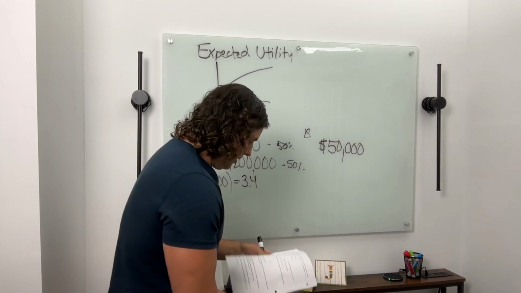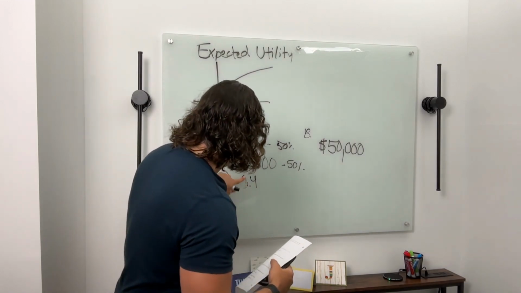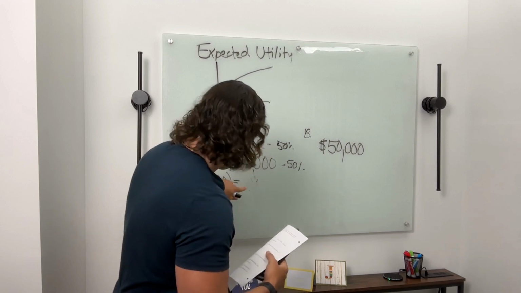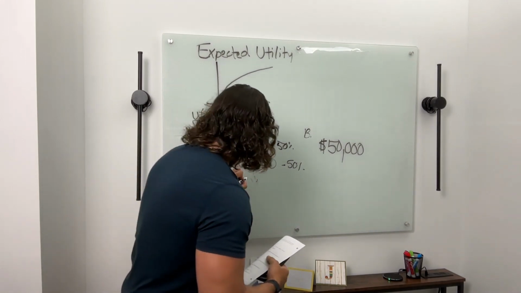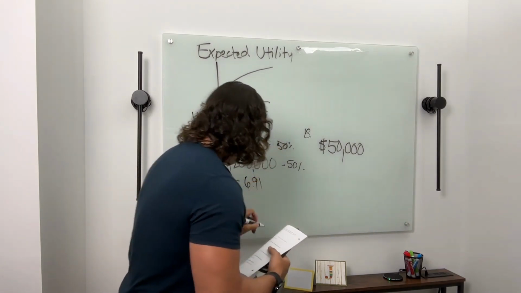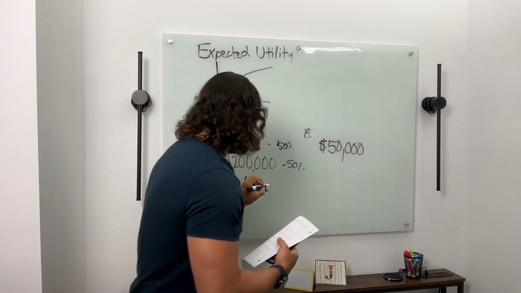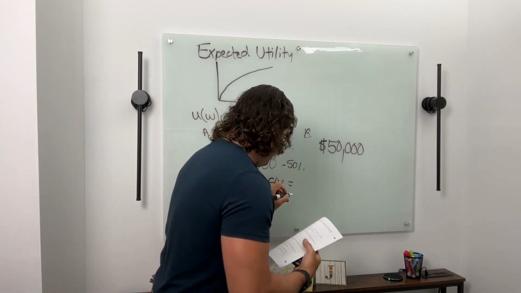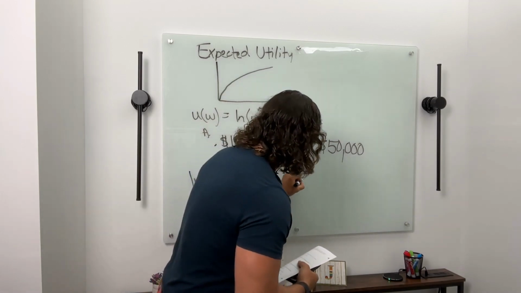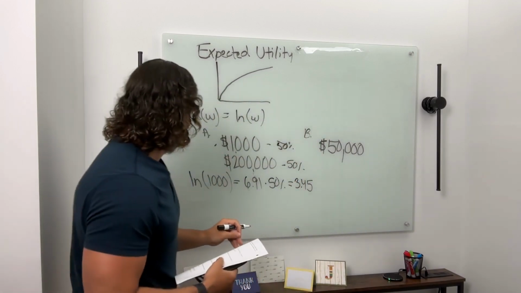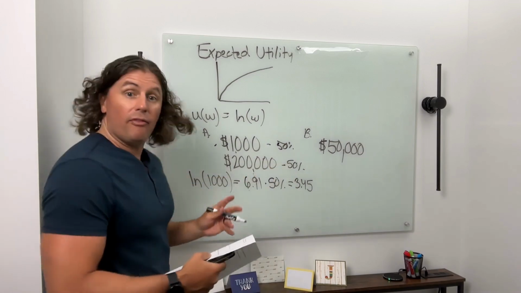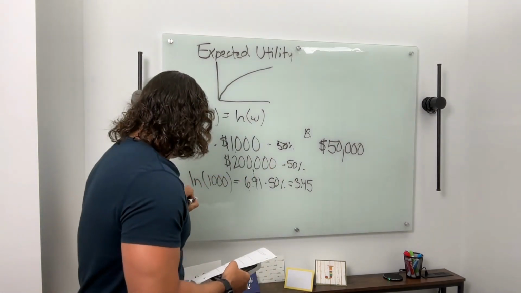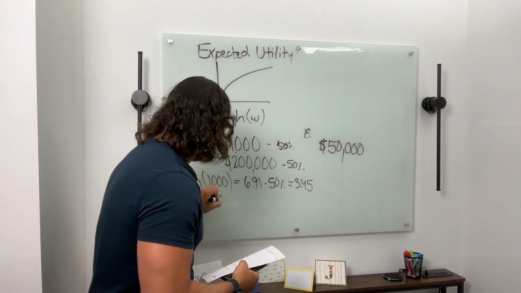6.91. And then we're going to multiply that by 50%. And that's when I get the 3.45. I'm going to do the same thing for the other option here, natural logarithm of 200,000.